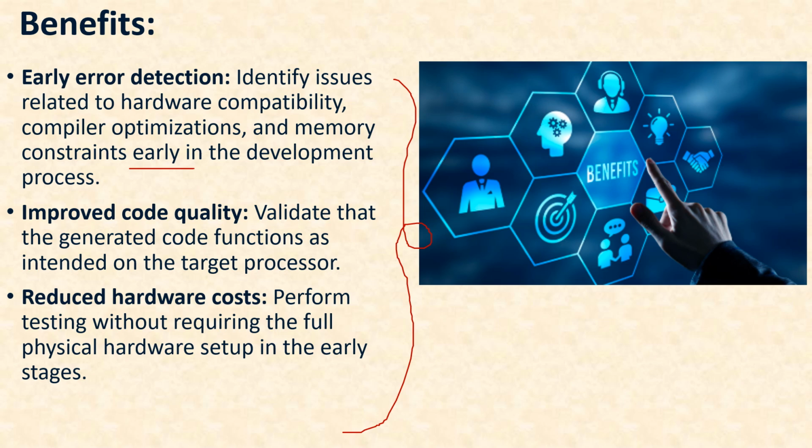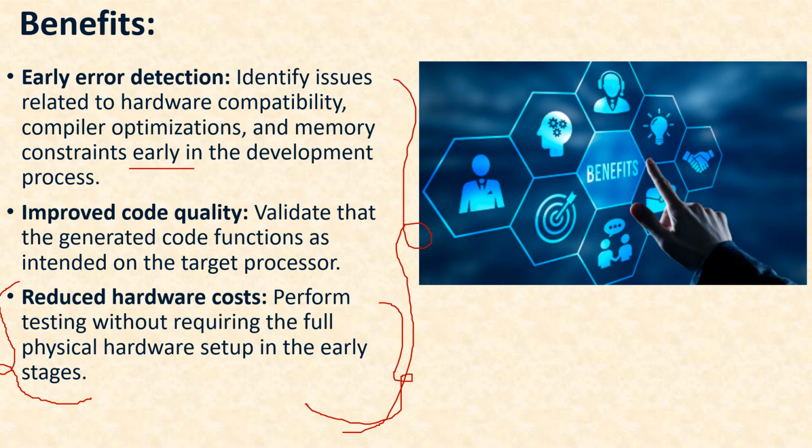Reduced hardware costs: perform testing without requiring a full physical hardware setup in early stages. This is also very important because we are directly uploading the software in the compiler, in a simulated environment, so naturally this will reduce the cost.